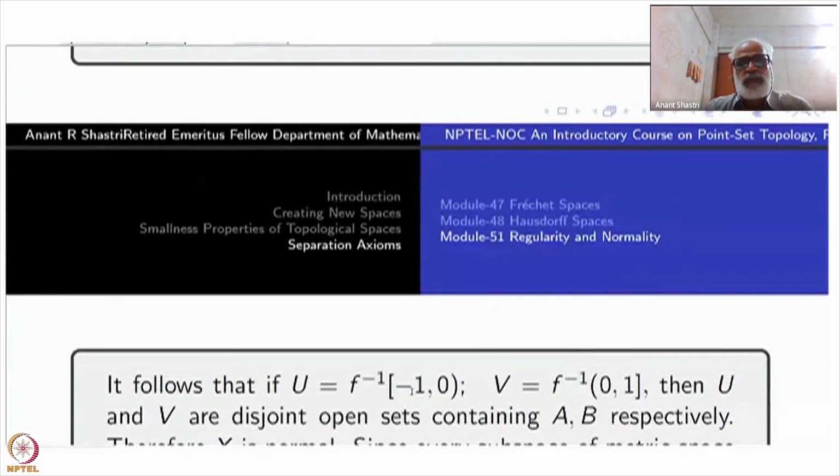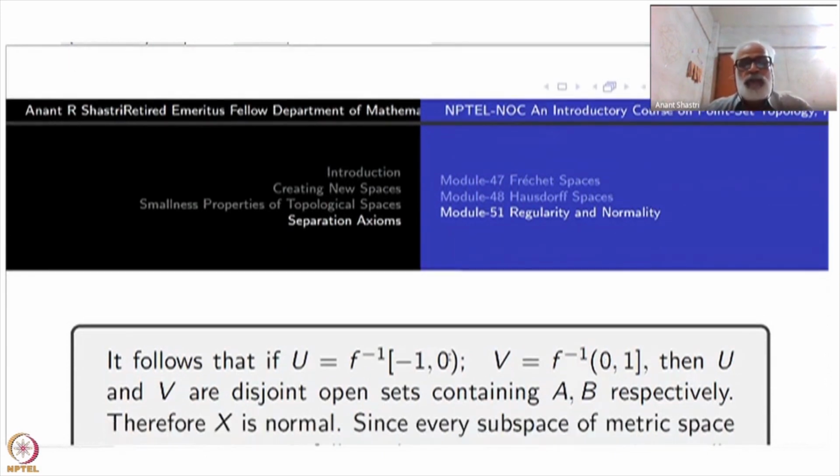I have taken them sufficiently large, namely -1 to 0, and here 0 to 1. I have been careful that they are disjoint open subsets in [-1, +1]. Take the inverse images, call them U and V. They will be disjoint open subsets. Clearly, they contain A and B respectively.